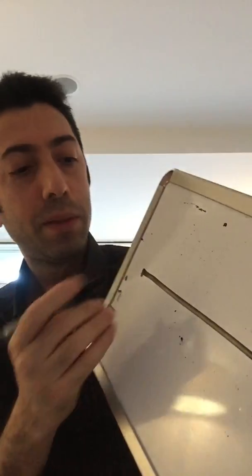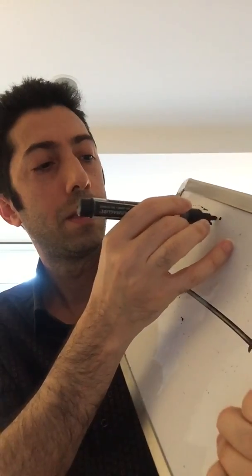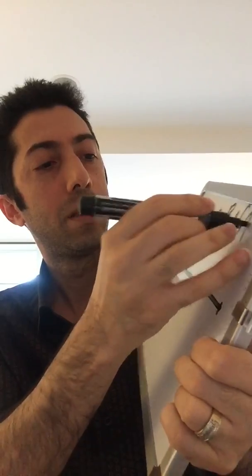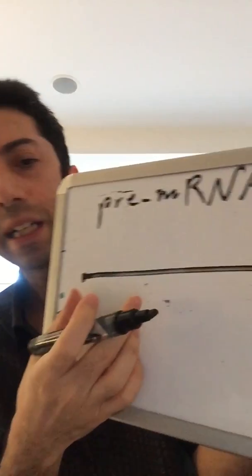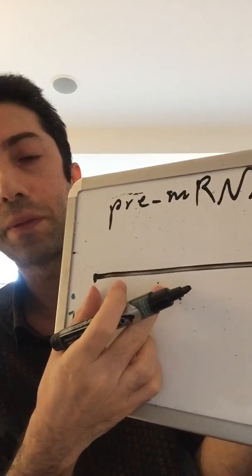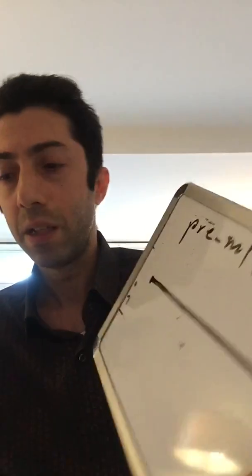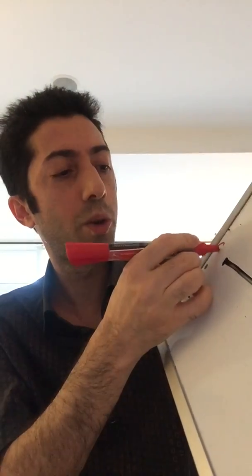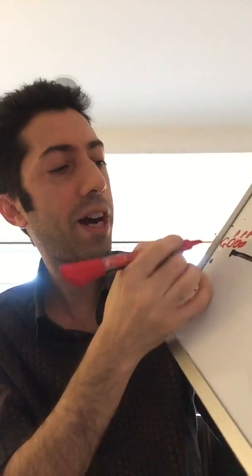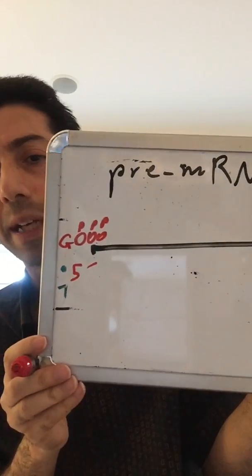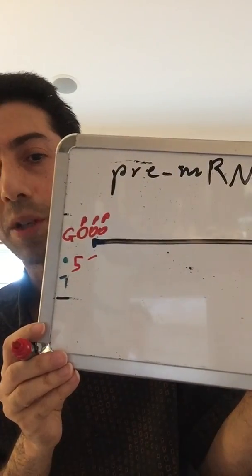Imagine this is the pre-mRNA, okay? When the mRNA is synthesized a little bit, for 40 or 50 nucleotides, something will be added while it's in the nucleus. It's a special guanine with three phosphates added to the 5' end of the pre-mRNA.